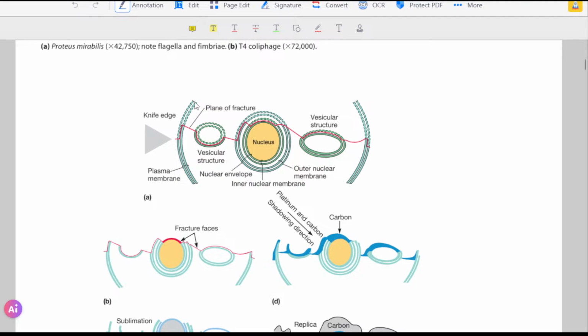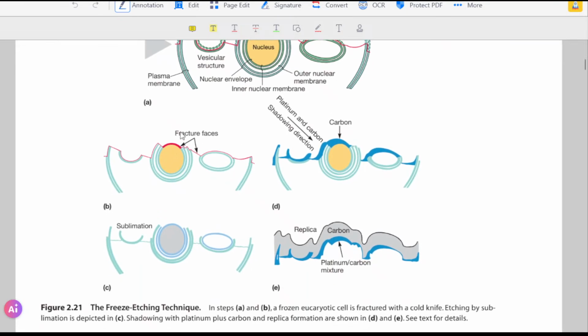When you put it in front of a knife edge, it completely cuts this cell like in the middle of it, like here, this area. Fractured faces means the faces are exposed.